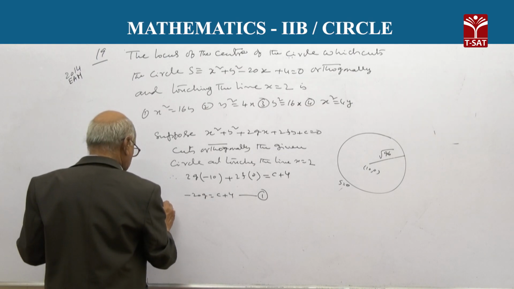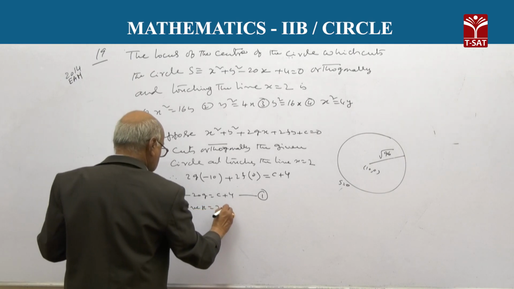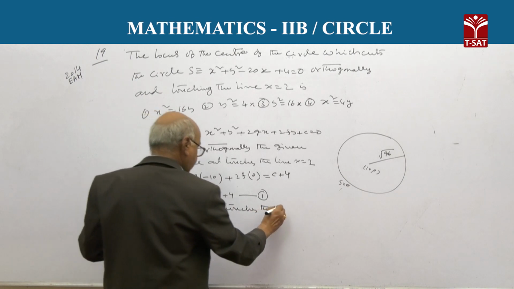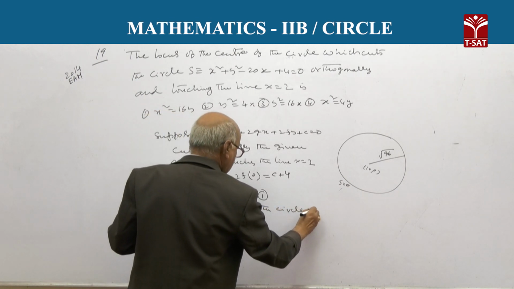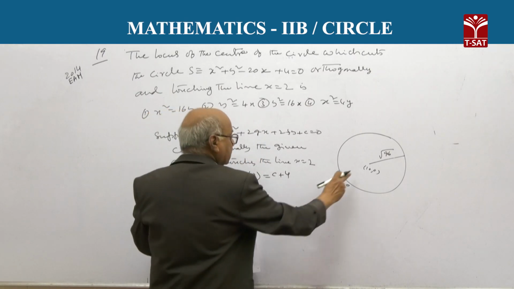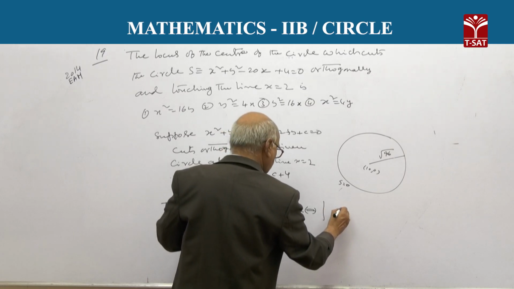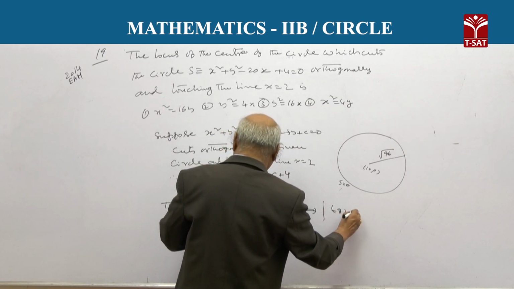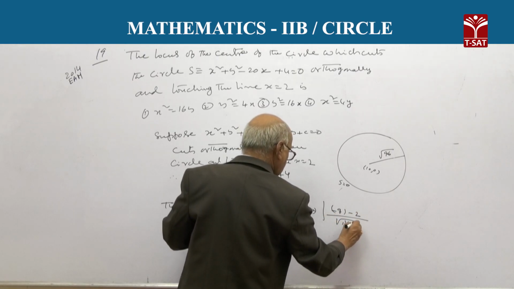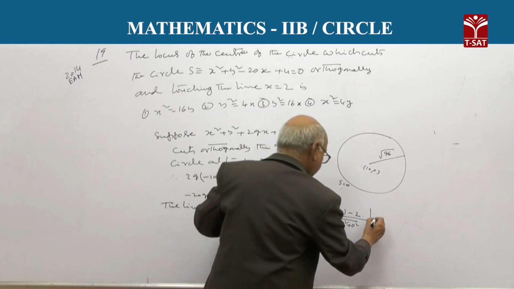The line x is equal to 2 touches the circle if and only if the modulus of the distance from the center, minus g comma minus f, that is minus g minus 2, by root over 1 square plus 0 square, is equal to the radius of the circle.